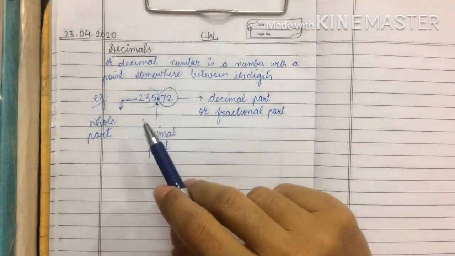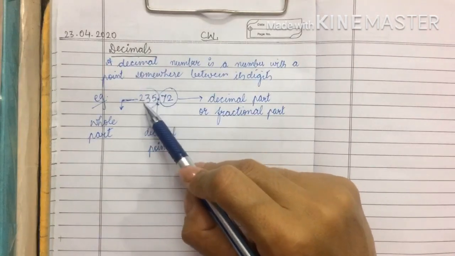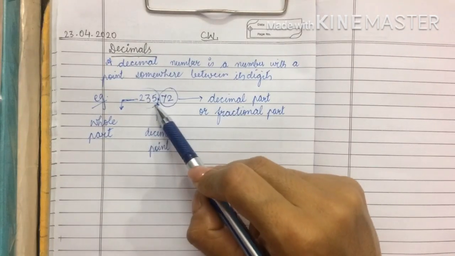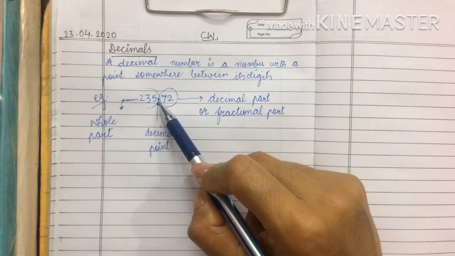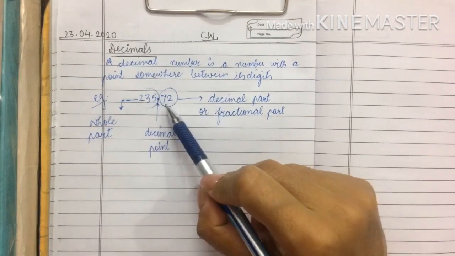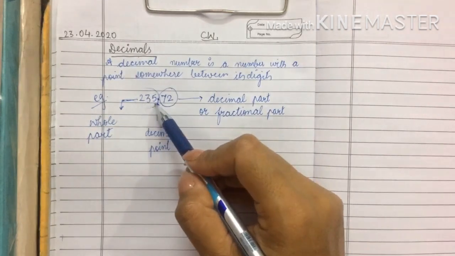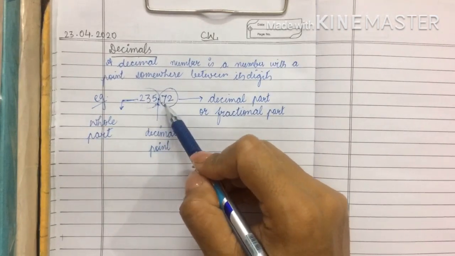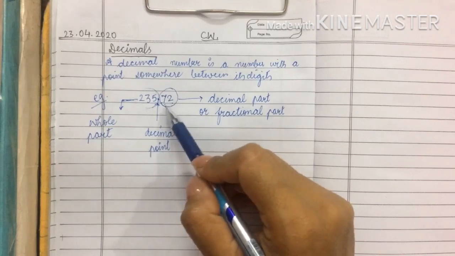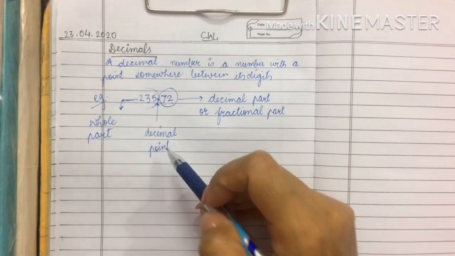And how do we read this number? The whole part is read together. So this is 235. Then we read the point, and then in the decimal part, all the digits are read separately. So this will be 235.72. All these digits will be read separately.